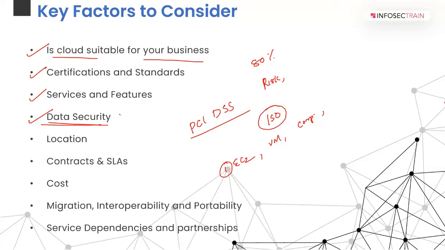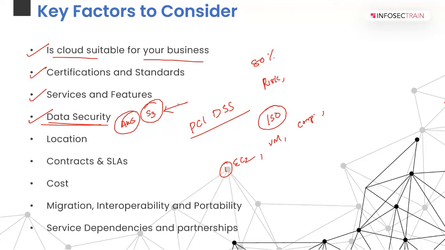I can give you one more example on this. Let's say I'm going to Amazon, or AWS. AWS provides me a service called AWS S3, and that service has certain security features. See if those security features are aligned with my business requirements.